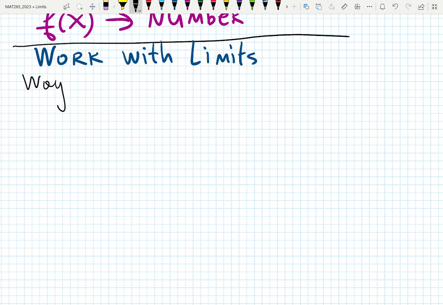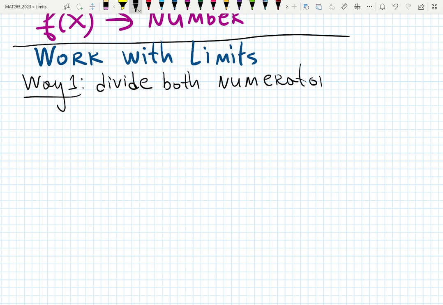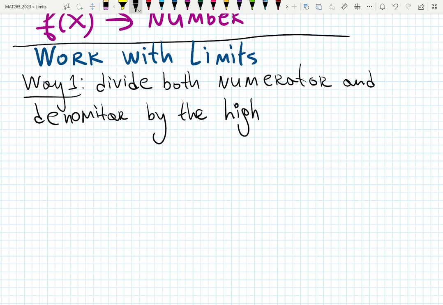Way 1. In the book, you will see they say divide both numerator and denominator. Do you know by what? By the highest power of x.